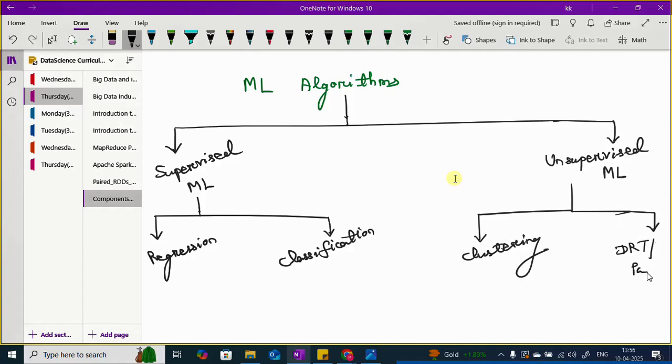We are using PCA and all. Fine. Now, generally, whenever talking about labeling, the labeled data is used in supervised machine learning. That means we use it for both regression as well as classification. But coming to unsupervised machine learning, we use unlabeled data.